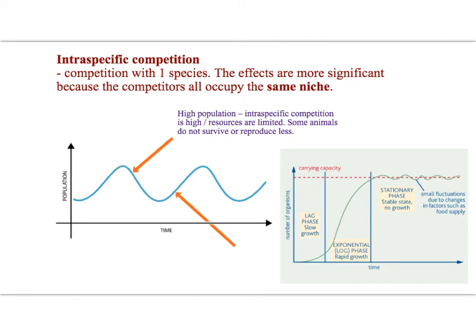Remember to always name what they're competing for, so it could be for food. So some will starve and die, over time the population will drop a bit to below the carrying capacity. Now there's plenty of food available, so there's less intraspecific competition. I'll just name what you're competing for, food, so then the population can rise, etc. So that's one of the reasons you might get fluctuations around the carrying capacity.